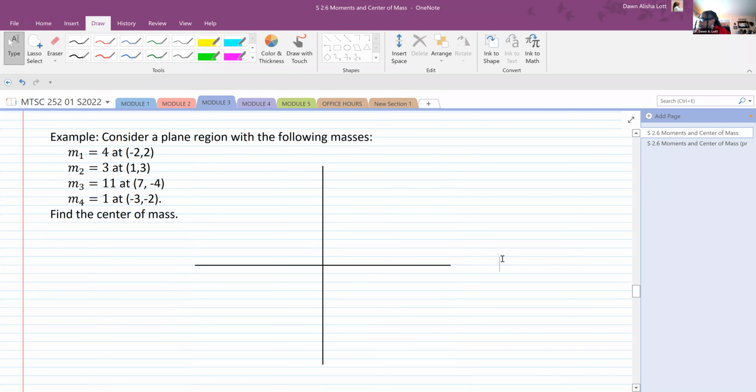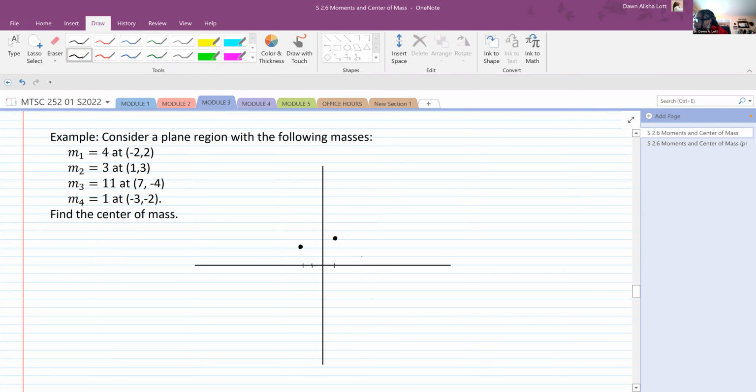Okay, so at -2, 2, there's a mass that's equal to 4 kilograms. At 1, 3, there is a mass that's equal to 3 kilograms.